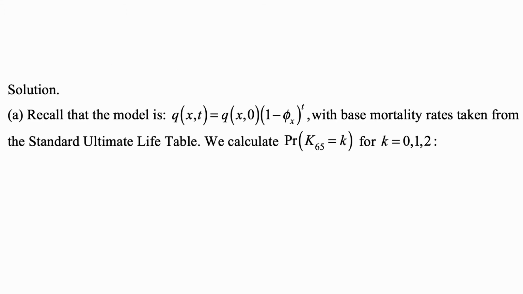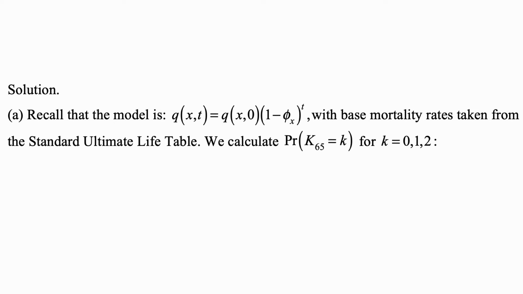And here's the solution. So recall that the model that we're working with is Q of xt is Q of x0, so it's mortality at the same age x, but without moving into the future in terms of the point that we started. So the improvement comes from the fact that the person of the same age but subject to improvement every year by the factor phi sub x has lower mortality as represented by this model.